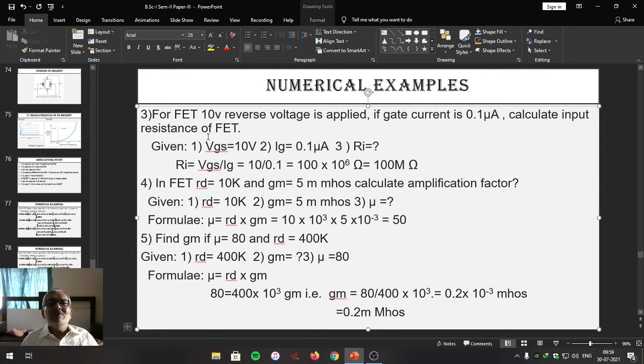You have to calculate input resistance Ri. Formula is Ri is VGS upon IG. So the input voltage upon input current. So VGS is 10 volt upon 0.1 into 10 raised to minus 6. 10 upon 0.1 means 100 into 10 raised to 6.